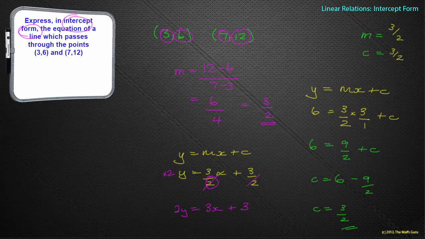Yes, we like, because I can now suggest that if that 3x moves over here, I get 2y minus 3x equals 3. Yep, we like. And so now I can happily write the answer to my equation is that the answer in intercept form is 2y minus 3x equals 3.